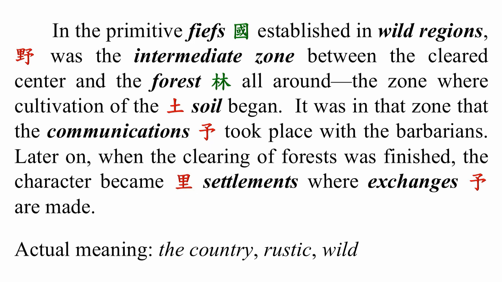It was in that zone that the communications, yu, took place with the barbarians. Later on, when the clearing of forests was finished, the character became li, settlements where exchanges, yu, are made. Actual meaning? The country, rustic, wild.